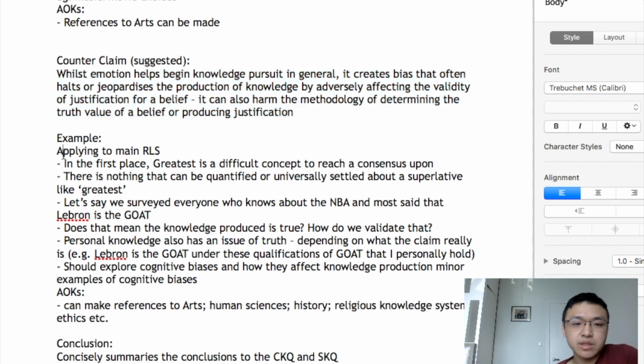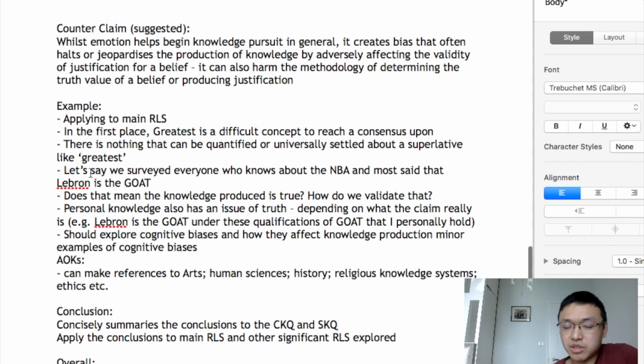Now, how can we elaborate on this counterclaim? So you can relate it back to the real life situation, which is where a lot of people believe that LeBron is the greatest of all time. So first of all, it is important to understand that the greatest is a very subjective sort of term, right? It's a difficult concept to quantify and to reach a consensus on, right?